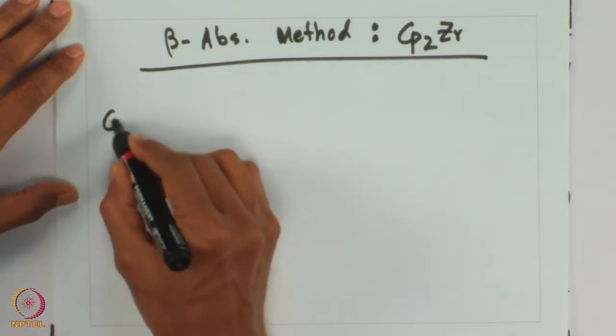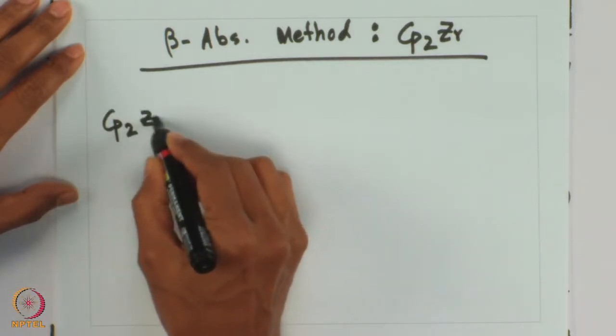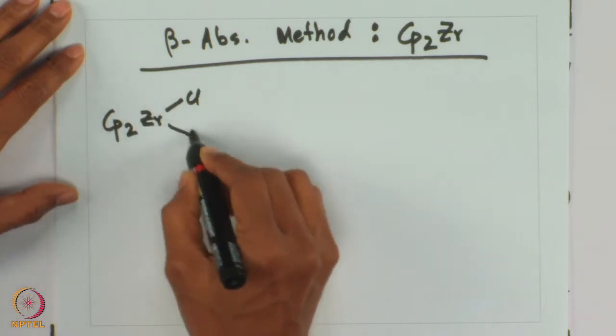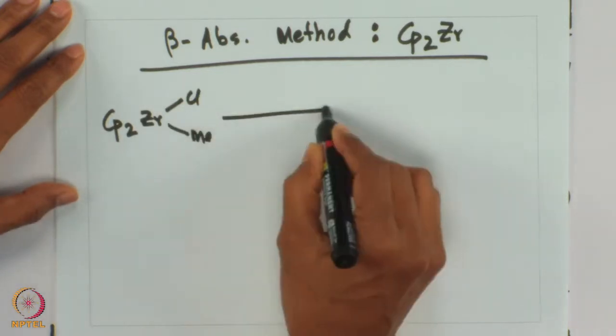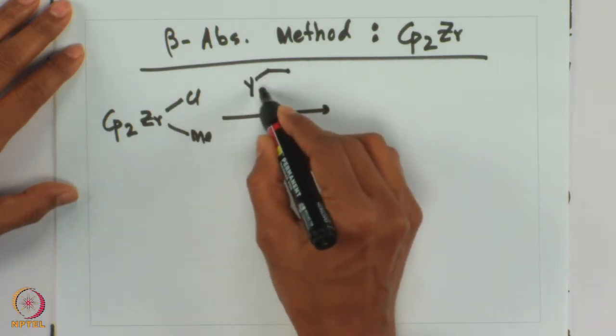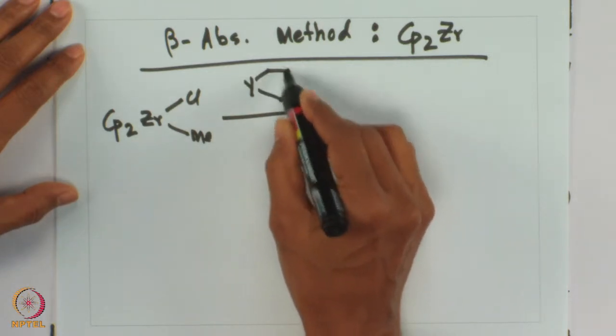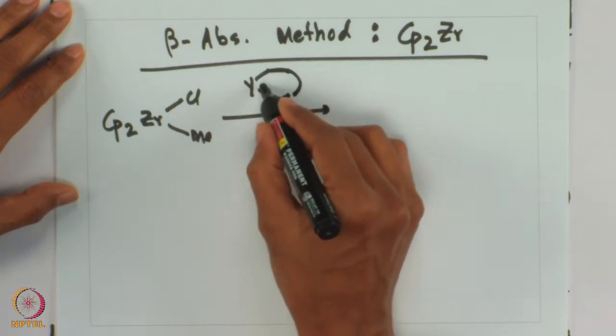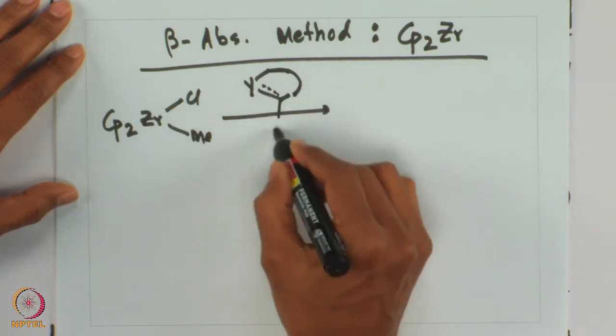So, what we can do is take cyclopentadienyl zirconium chloromethyl and the lithiated intermediate. We can have any cyclic or acyclic intermediate, it does not really matter.